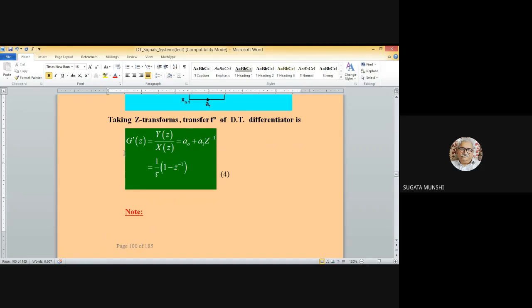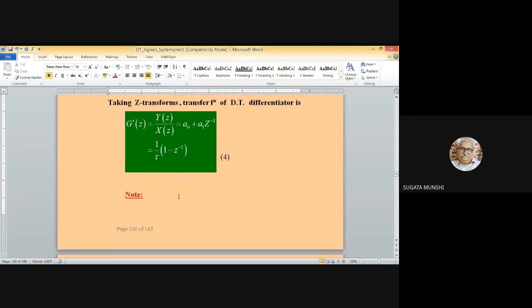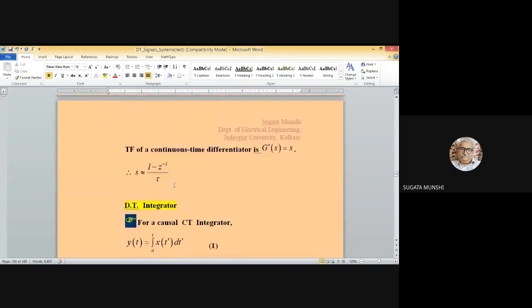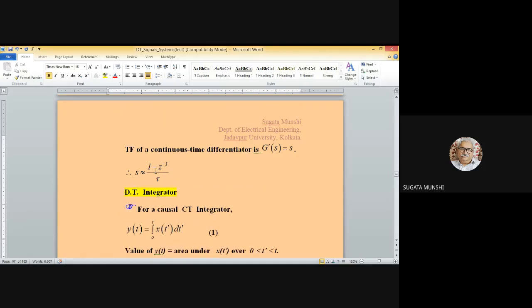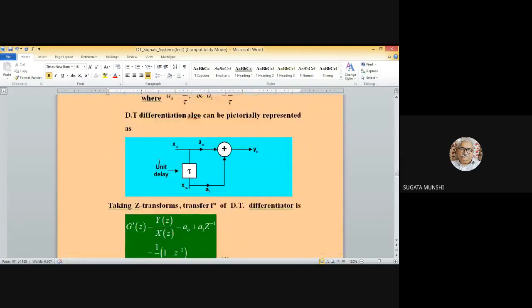So if that is the case, then if you just compare these two expressions, G prime(z) equal to this expression and G prime(s) equal to s, then we have this equivalence. s is approximately equal to 1 minus z to the power minus 1 by tau. All right. So write it down, then I'll proceed.